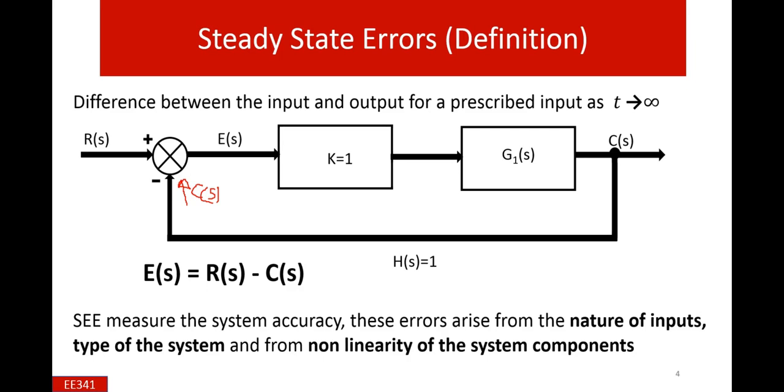The type of the system is also an important part of studying the steady state errors. And there is also the nonlinearity of the system components. So these are the three major factors. Due to these factors, there are some steady state errors.